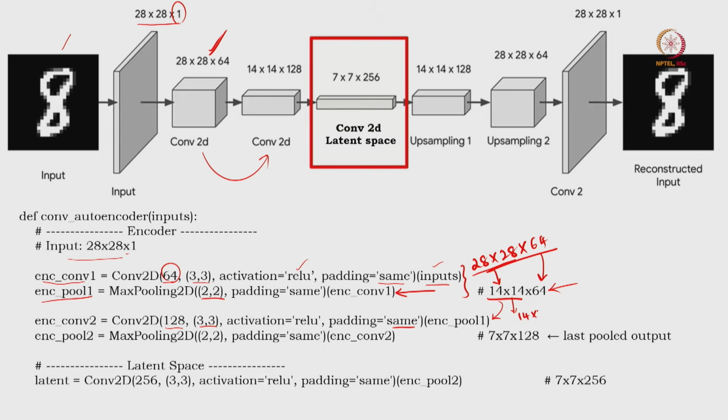So 14 cross 14, but here the number of filters is 128. So that's what we have obtained here, and that is passed to a pooling layer. Next is pooling. In pooling, again we are using a window size 2 cross 2, therefore you are reducing it by half. So 7 cross 7 into 128.